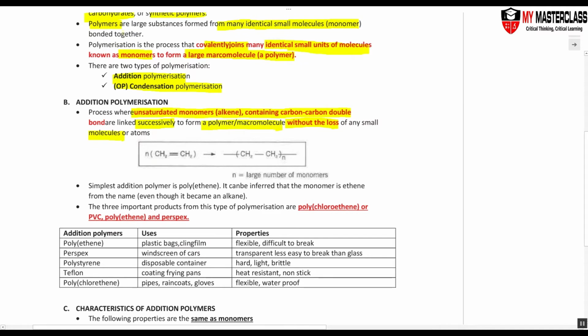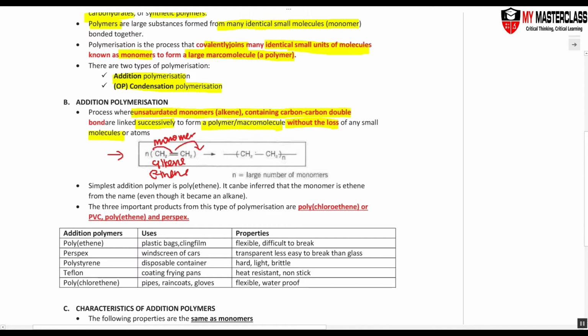Okay, in an equation example, you will see this. You have an alkene, or I should say you have ethene. This is your monomer. So I put an n and then bracket your monomer. Because of the presence of your double bond, the double bond can open out, one on each side.